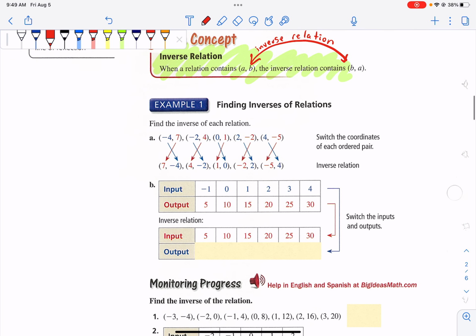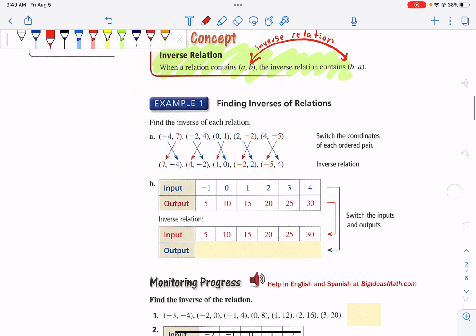So example 1, this is really easy to do with a list of numbers and a table. If you look at example 1, it gives you a bunch of numbers, a bunch of relations. -4, 7, -2, 4, 0, 1, 2, -2, 4, -5. These are points on a plane, right? To find the inverse relations, you just switch the -4 and the 7, and you get 7, -4.